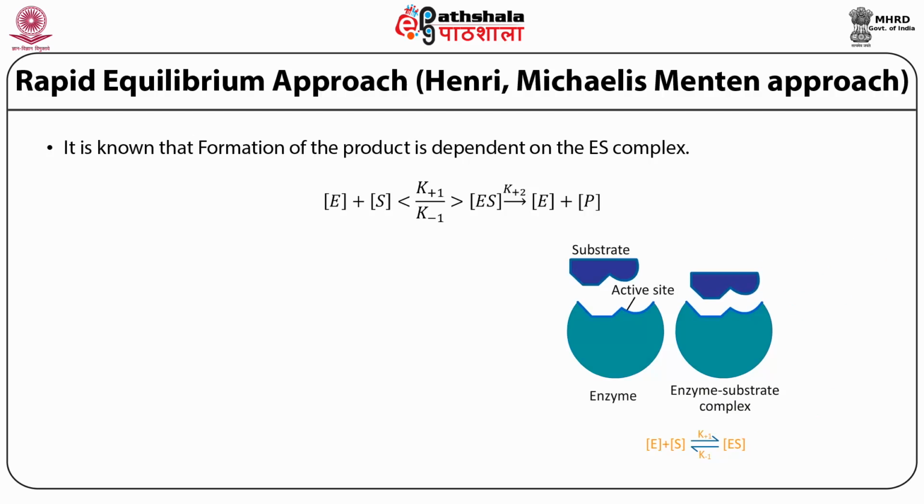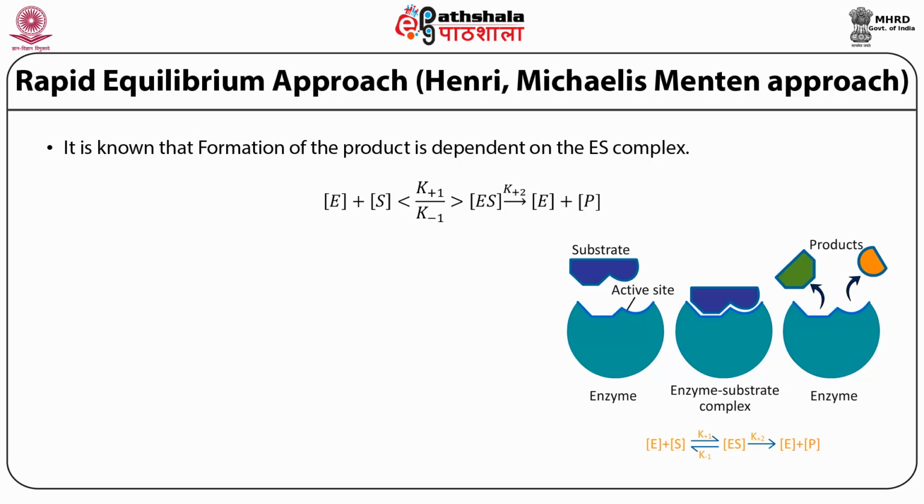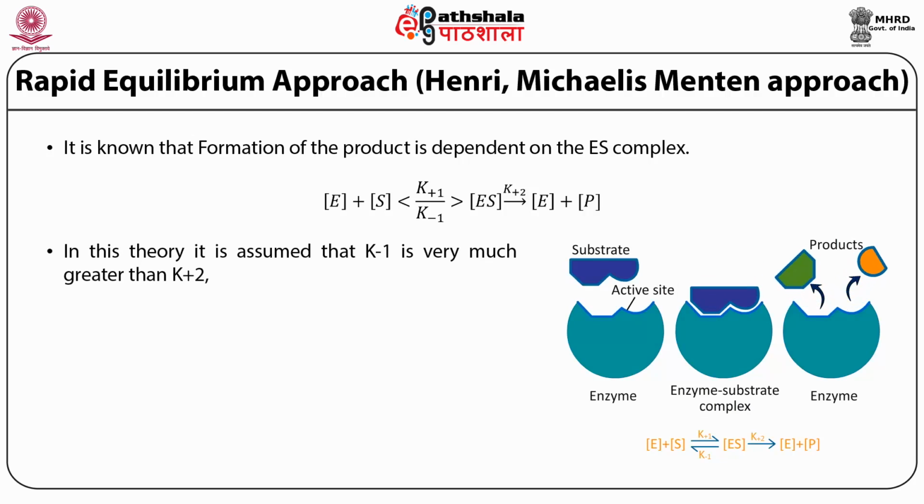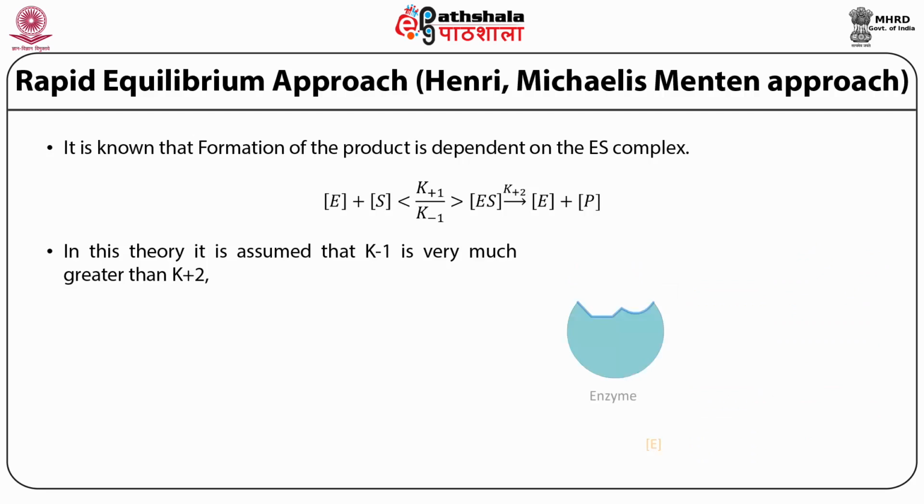If ES is breaking back into the free enzyme and substrate, it has a rate constant of K minus 1. In this equilibrium theory, it is assumed that K minus 1 is very much greater than K plus 2.